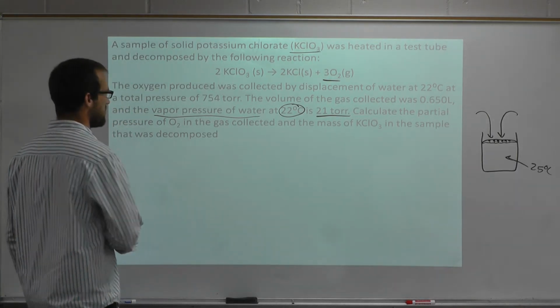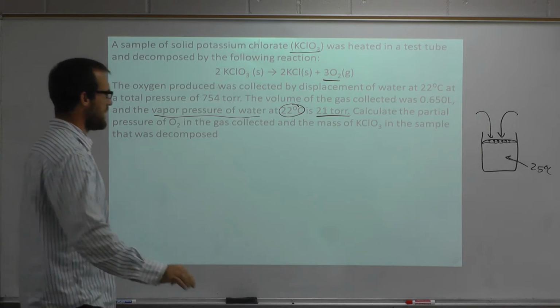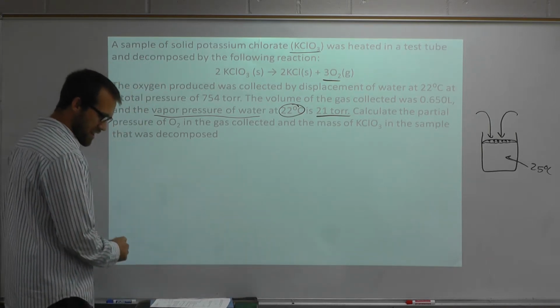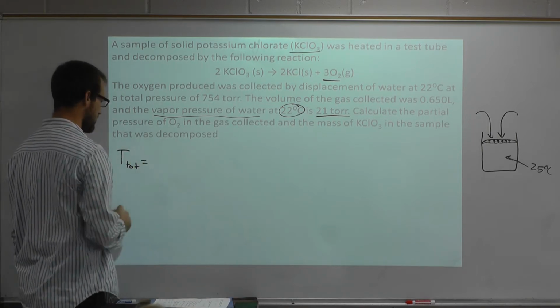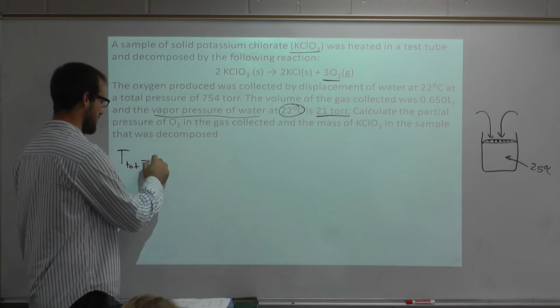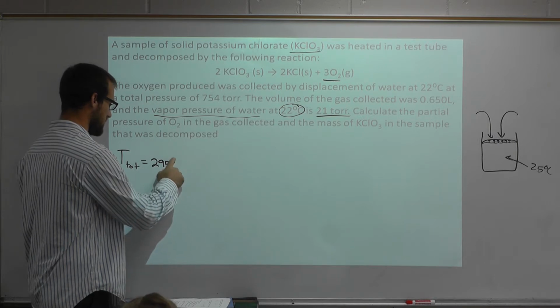Okay, let's read what we got here. We got oxygen gas collected by the displacement of water at 22 degrees. So let's say our final temperature, however you want to look at that, is 295 Kelvin.